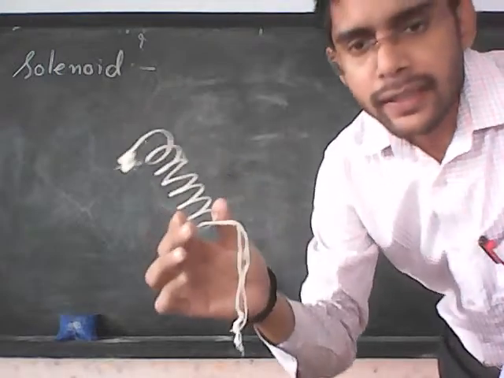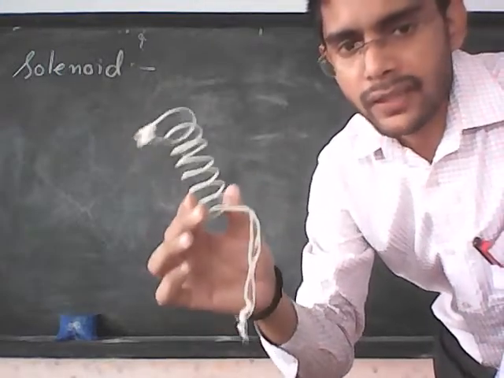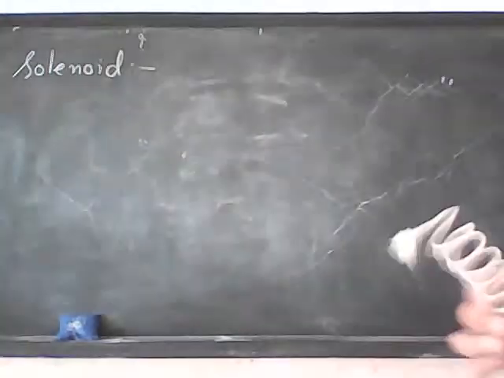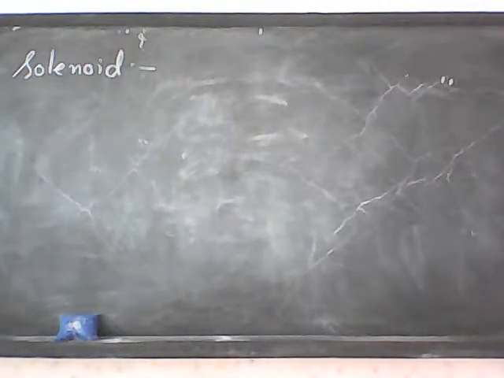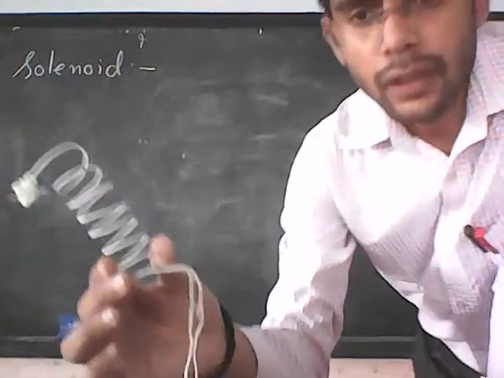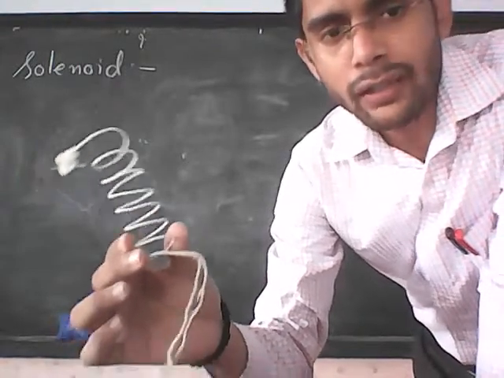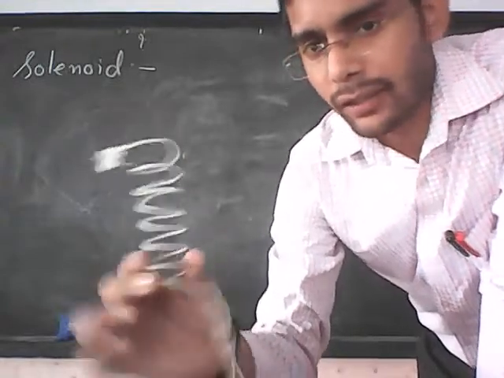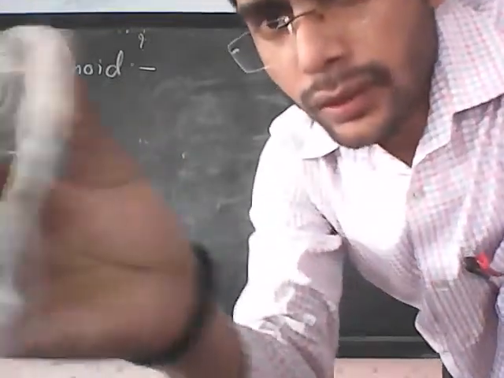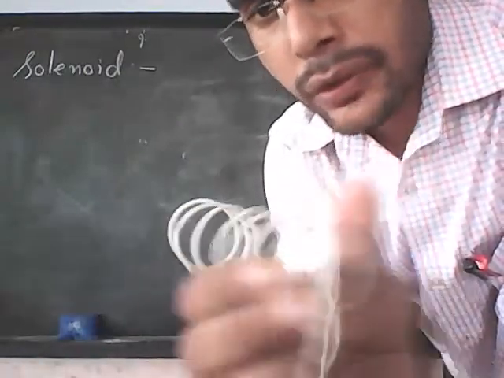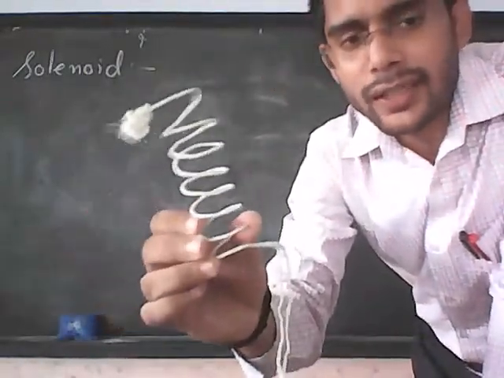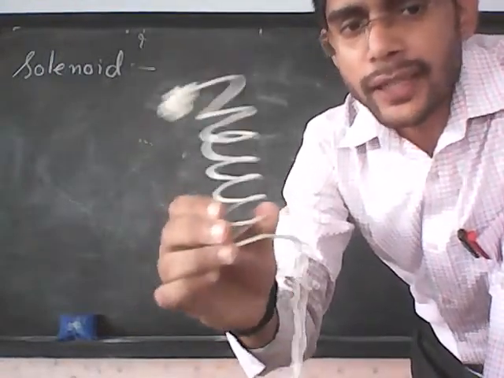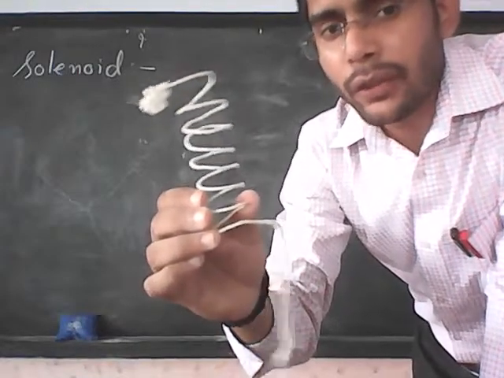A long cylindrical coil consisting of a large number of turns of an insulated wire. This wire can be made of copper also, as it may be visible to you. So a long cylindrical coil consisting of a large number of turns of insulated wire is known as a solenoid.